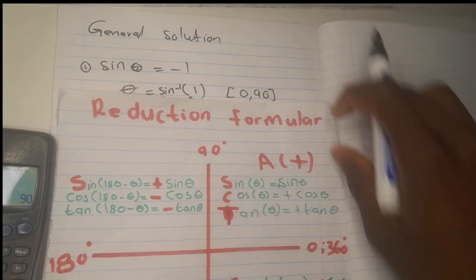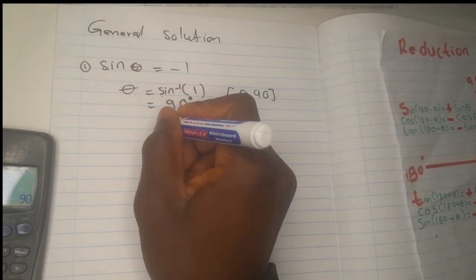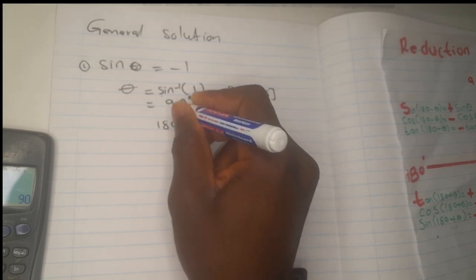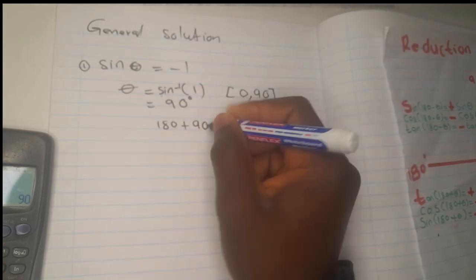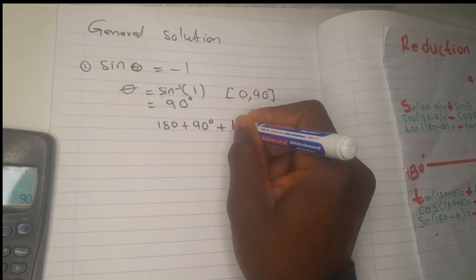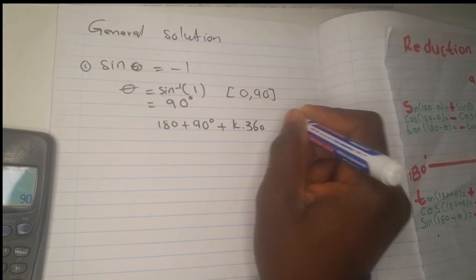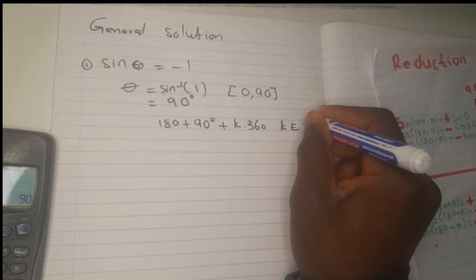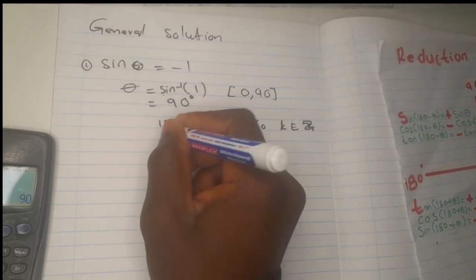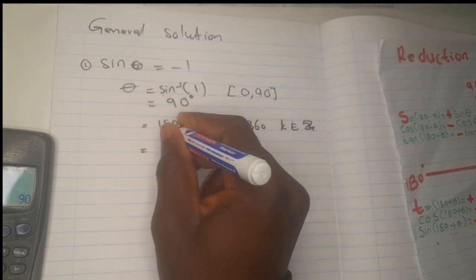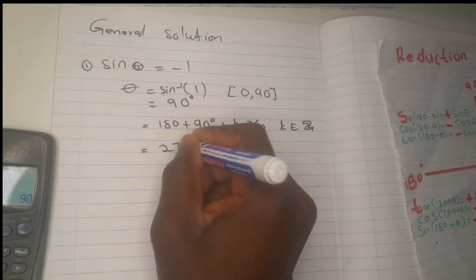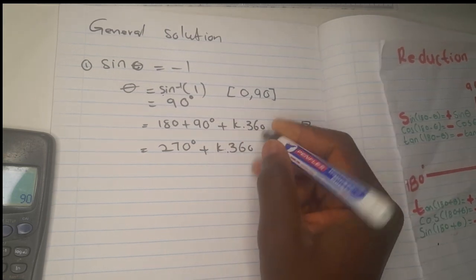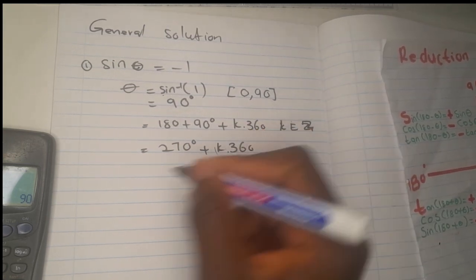Meaning I have to say 180 plus theta, and in this case my theta is 90 degrees, plus k times 360, where k is an element of integers. So here it is 180 plus 90, which is 270 degrees, plus k times 360. I'm still going to talk about that k.